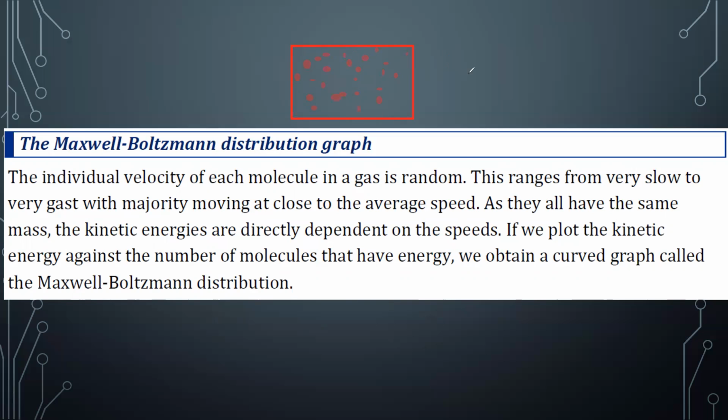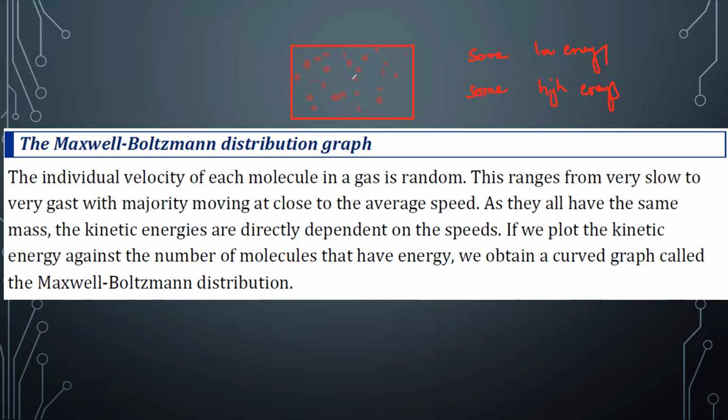Some particles will have low energy and some particles will have high energy, but most of the particles will have average energy. So the individual velocity of each molecule in a gas is random.